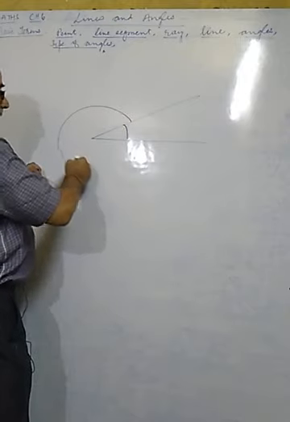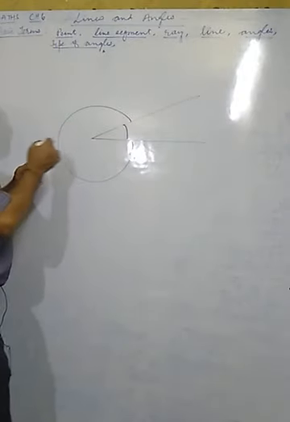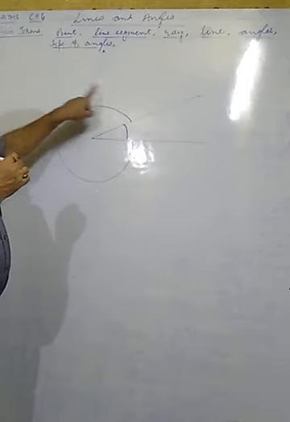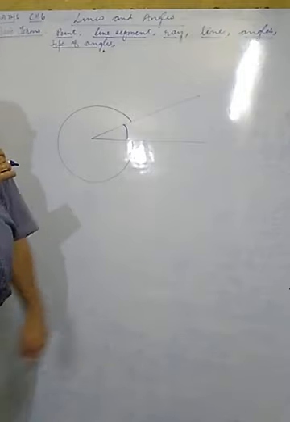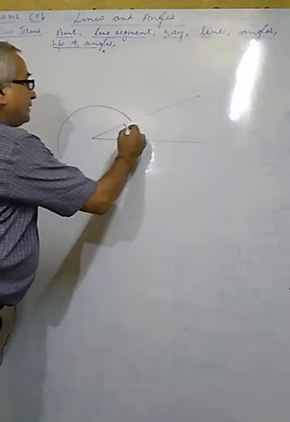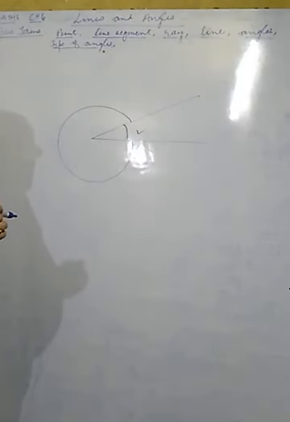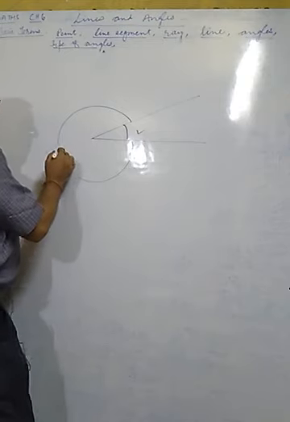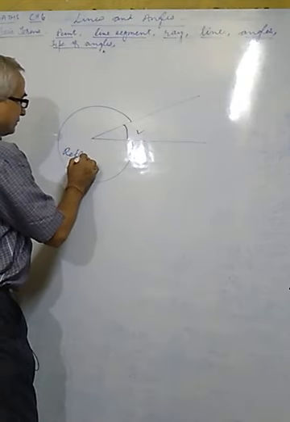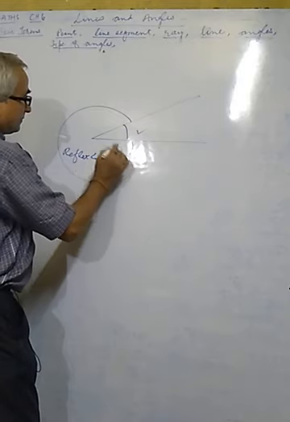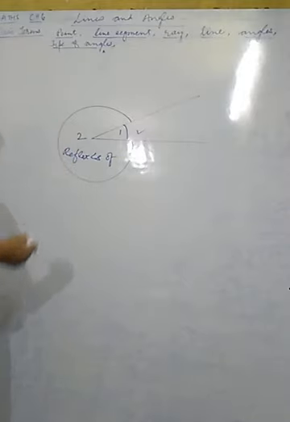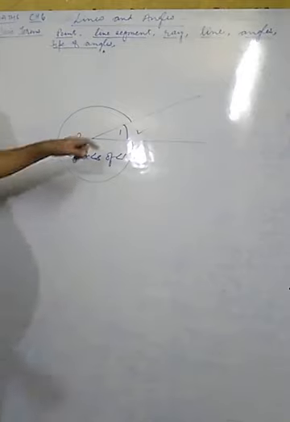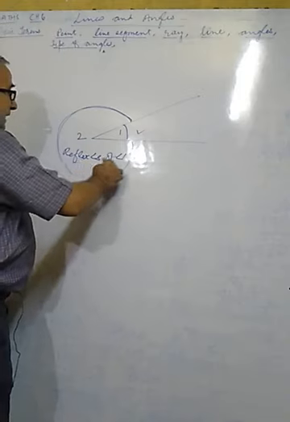If this outer angle is more than 180 degrees, this angle is known as the reflex angle, the reflex of the inner one. Suppose this one is angle 1 and this one is angle 2. So angle 2 is the reflex angle of angle 1.